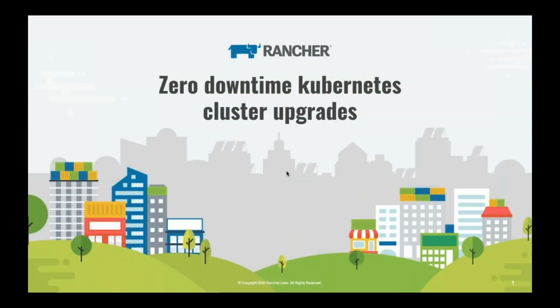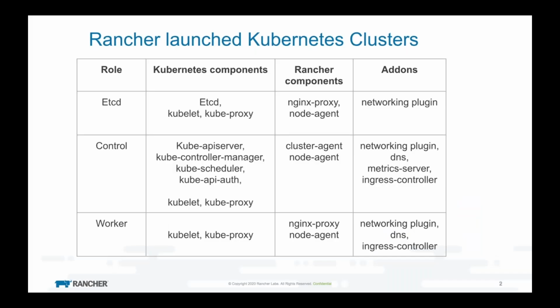Hey everyone, good morning. I'm Rajashri, and in today's session, I'll talk about how 2.4 onwards, Rancher can perform zero downtime upgrades on Rancher provisioned clusters. Now, Rancher launched clusters include both the RKE clusters that you provision using an infrastructure provider as well as a custom cluster.